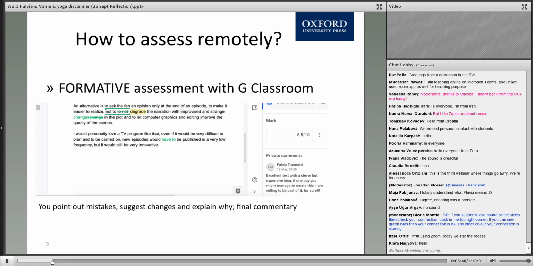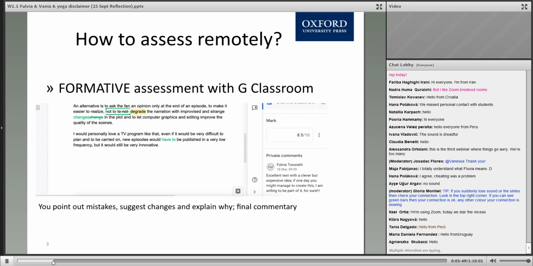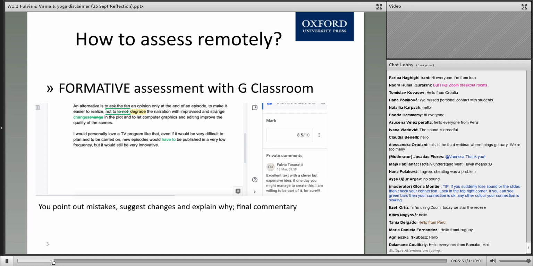For example, with Google Classroom, you can give the students a writing to do. When they hand it over to you, you can go inside in the suggestion mode and you can, let's say, delete the grammar mistake. It doesn't disappear completely. You see the green color there, and you can propose the solution.